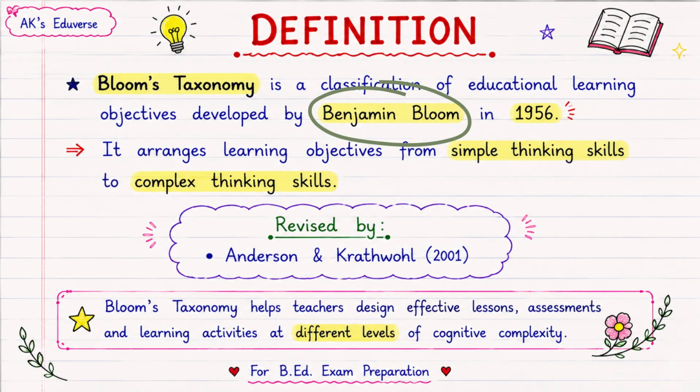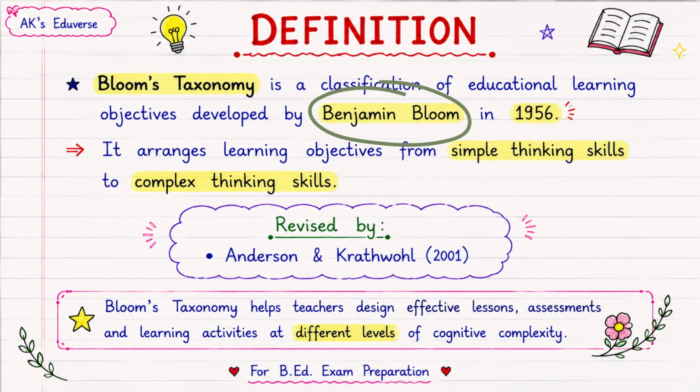So simply சொன்னா டீச்சர் ஒரு லெசன் பிளான் பண்ணும்போது ஸ்டூடெண்ட்ஸ் என்ன லெவல் வரைக்கும் லேர்ன் பண்ணணும் அப்படின்ட்டு கைட் பண்ணுற ஃப்ரேம் ஒர்க் தான் ப்ளூம்ஸ் டாக்ஸானமி. It organizes learning from simple thinking skills to complex thinking skills. Initially students start by remembering facts, right? Then they move on to understanding, applying, analyzing, evaluating, and finally creating something new.